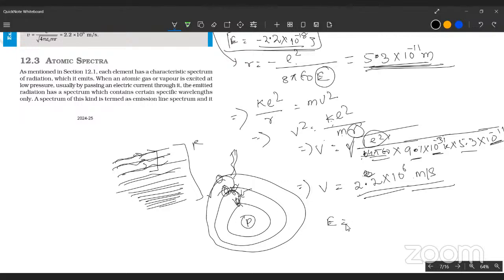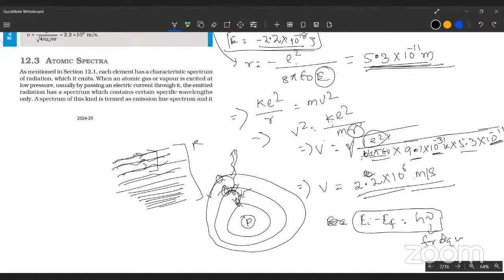E equal to, or you can say Ei minus Ef equal to h nu, which we will discuss later in detail. This much energy the electron will release when it jumps from a higher shell to a lower shell. Nu is the frequency, h is Planck's constant.